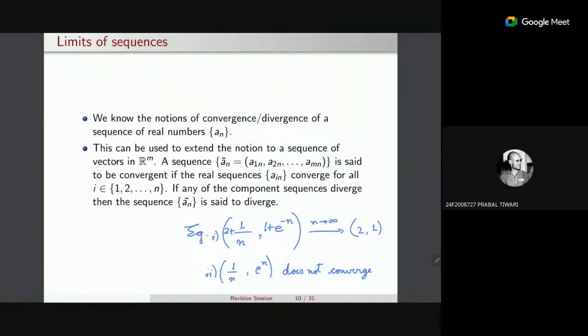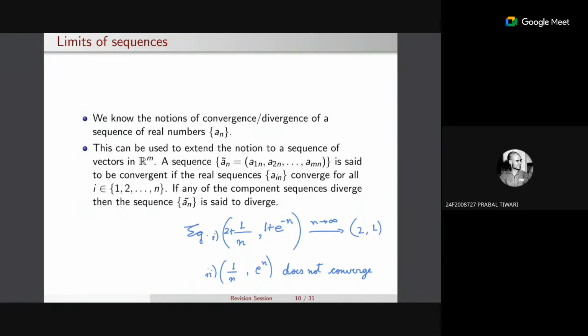Okay. So you just do the same analysis pointwise. You look at the first component, you get a sequence. If that converges, the limiting point has that as the first coordinate. Then you look at the second component and take its limit. Its limit would be the second coordinate of the limit vector.